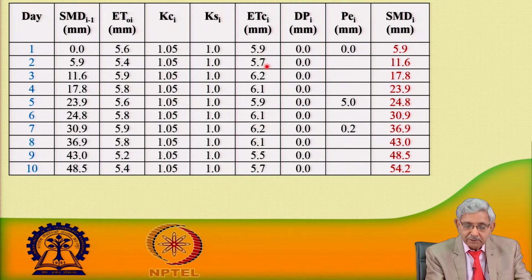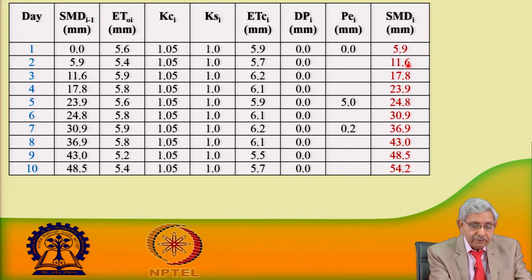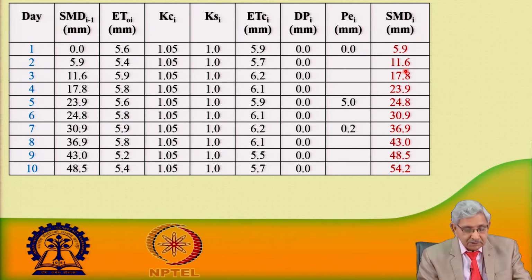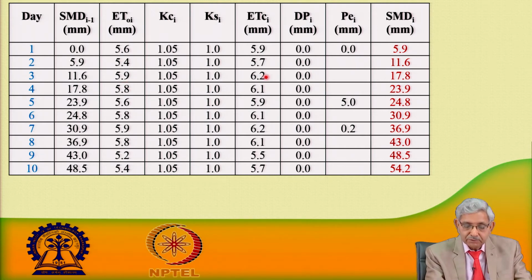So, 5.9 plus 5.7 becomes 11.6. So, like this we will be calculating these values. So, this 11.6 plus 6.2, which has come from these two values, 11.6 plus 6.2 is 17.8.